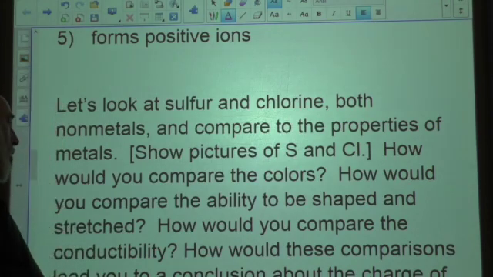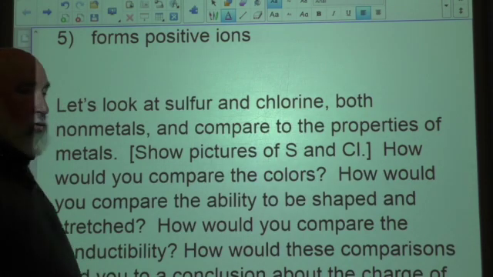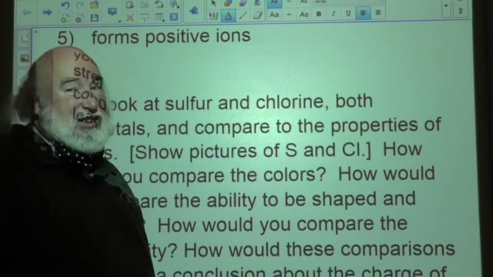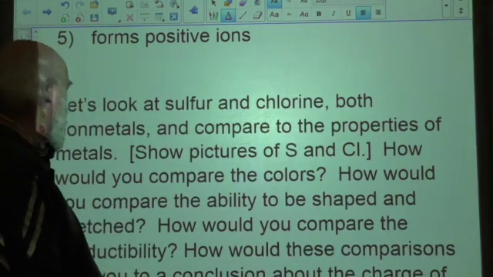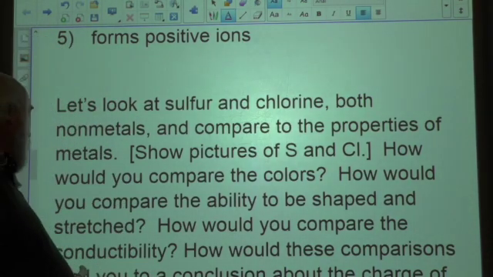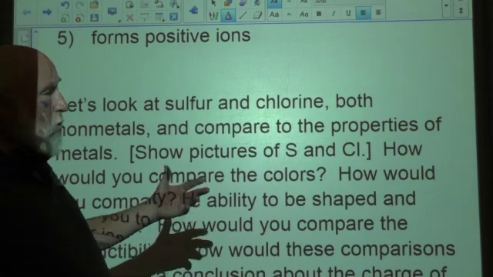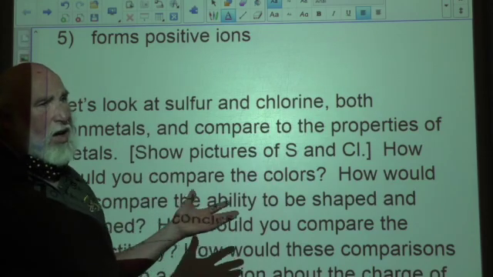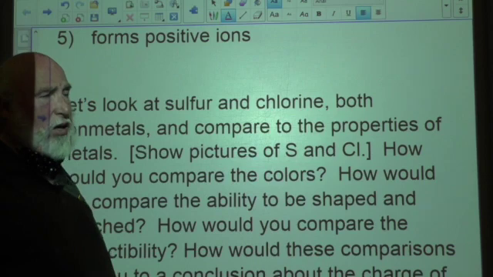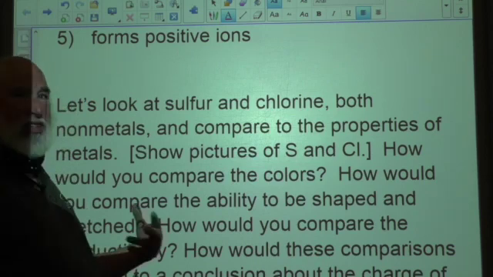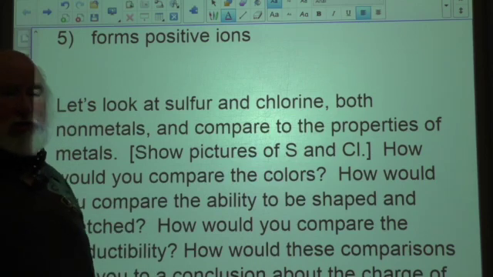So the ability to be shaped and stretched like metals is non-existent. We can't do that. How would you compare the conductibility? Well, metals conduct heat and electricity, and nonmetals are going to do just the opposite. They're going to hold the heat. We make insulators out of nonmetals.